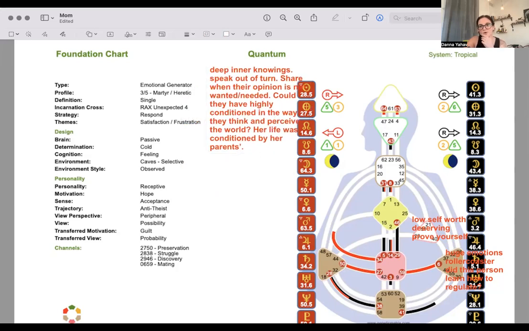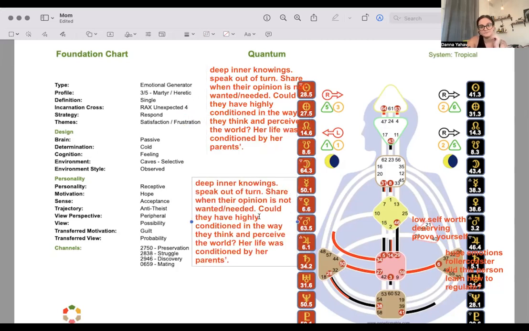I want to consider her unconscious Mars, right? So we have gate 63, and it is in line 5.